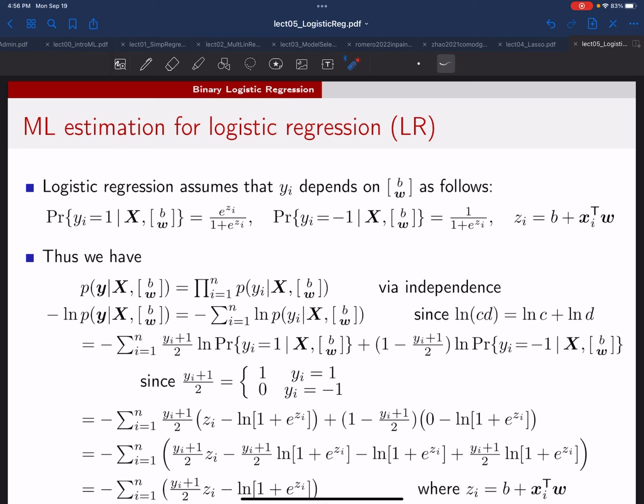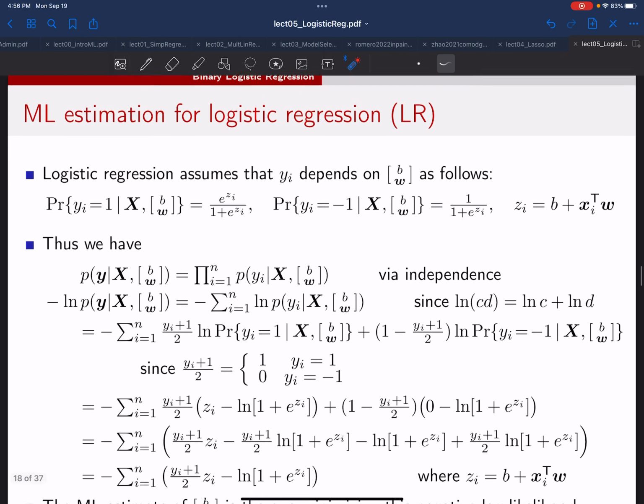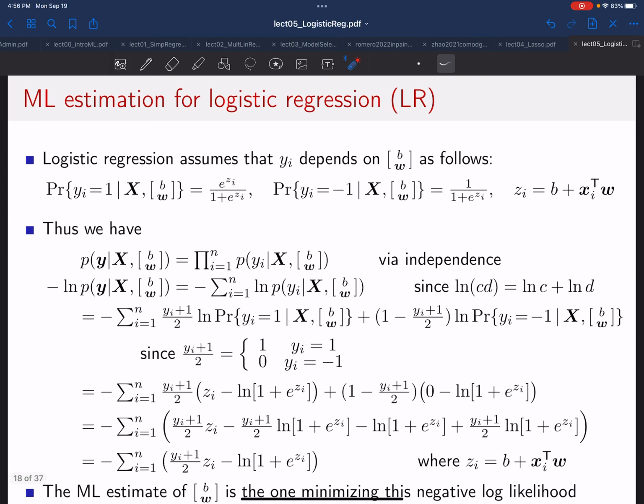Okay. Making sense? Or anybody have any questions? That's the hard part. Everything else is just algebra. No questions about the switching variables?